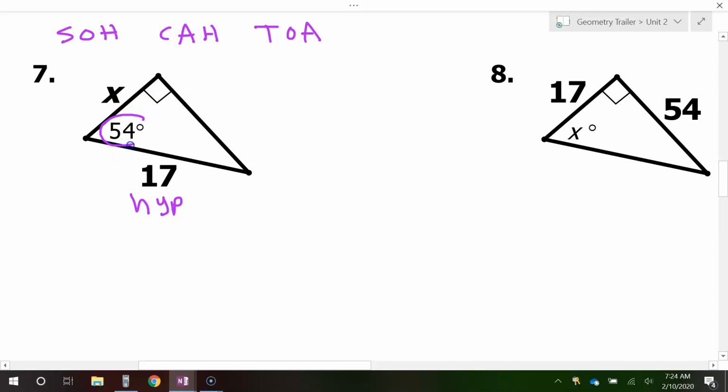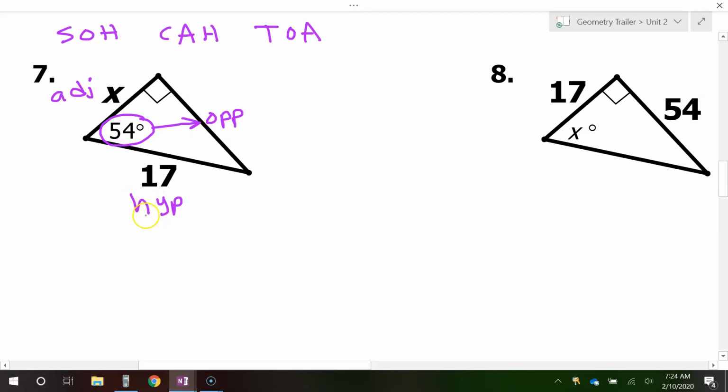Next, circle the angle that you are given, draw an arrow pointing away from it, and that will always tell you the opposite side. The remaining side is the adjacent side. So, which two sides are we dealing with? Well, x is adjacent and 17 is hypotenuse.